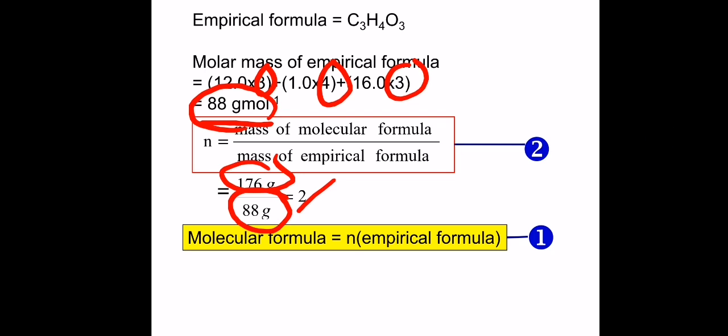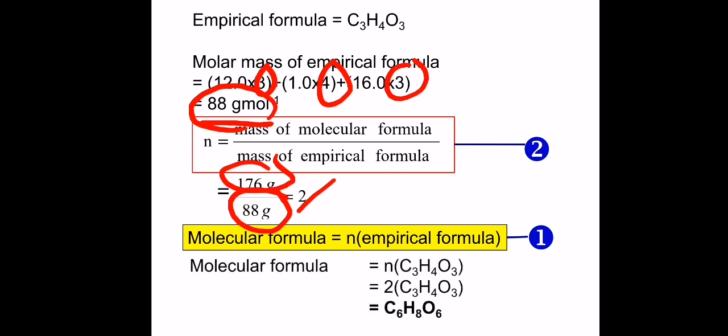Alright, and then you can find the molecular formula. So N equal to 2, just insert the value, and the empirical formula you already know, C3H4O3. So just times it.